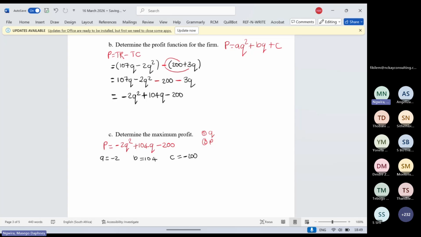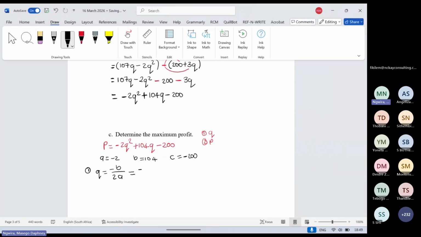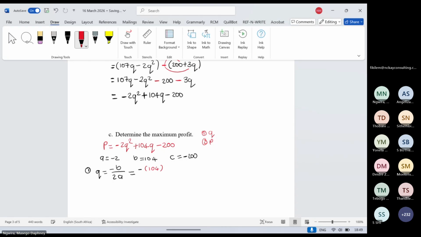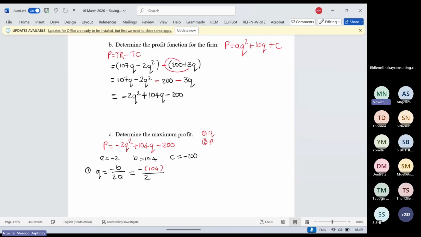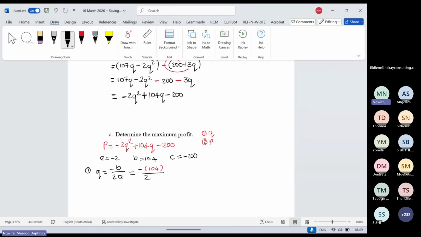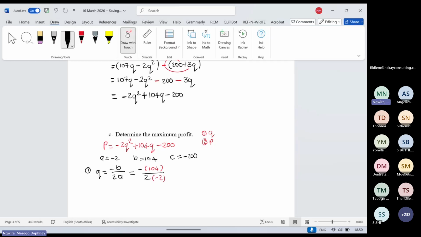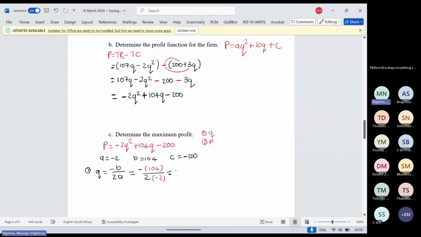And then now, step number 1, I said we look for Q. We know that Q is equal to negative B over 2 times A. And then we replace our B. So this will be negative 104 over 2 times negative 2. And then we use our calculator. What is the answer? 26. So now we found our Q.